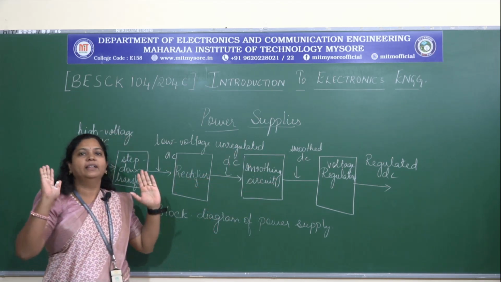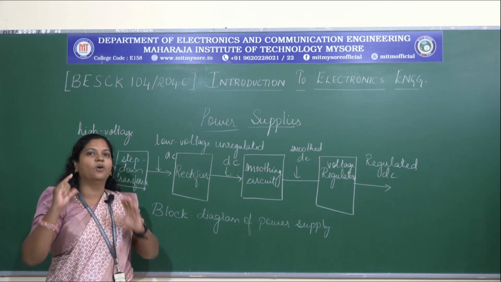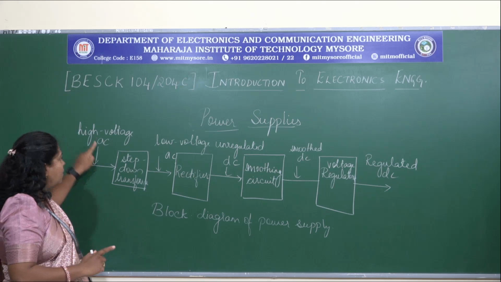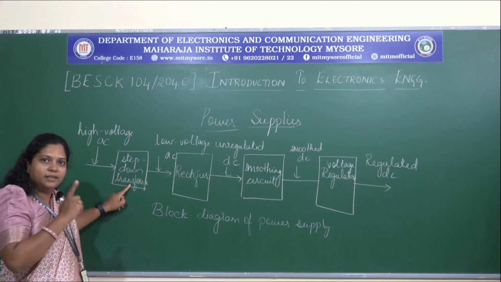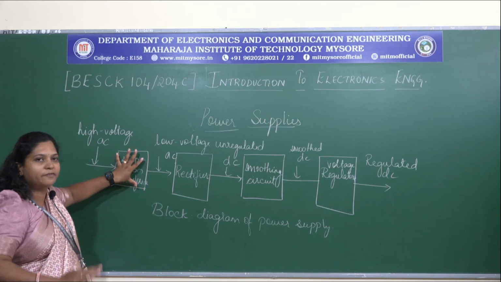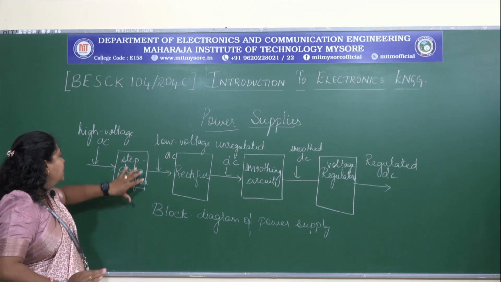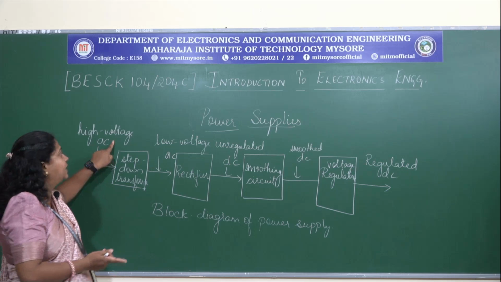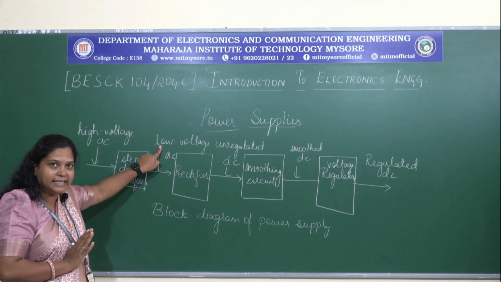But in common, we receive 220 volts at our homes. We don't require this level of voltage, so the first device that we use is a step down transformer that converts the high voltage AC to a low voltage AC.